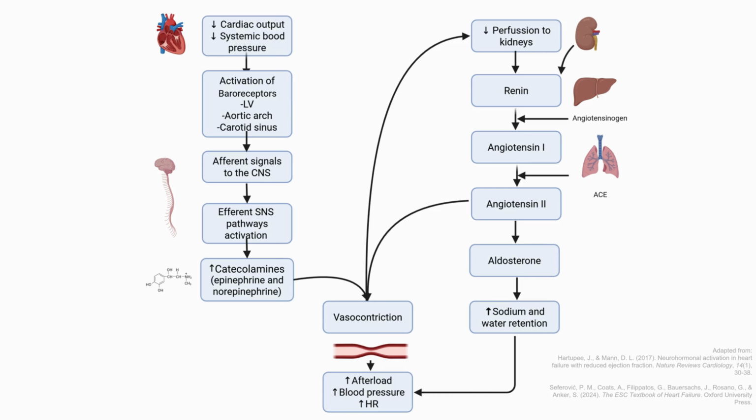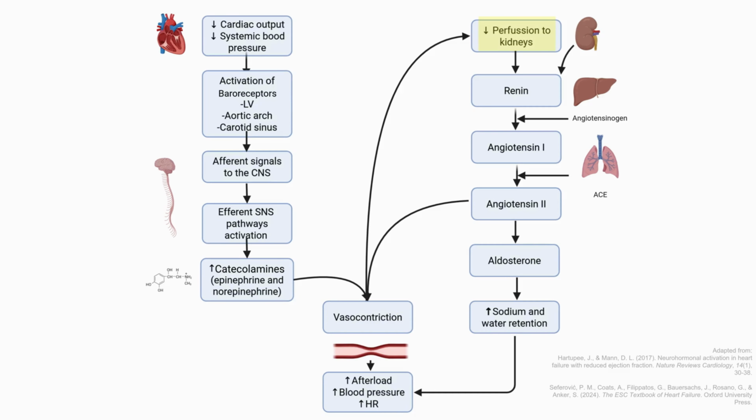So, if there's a decrease in cardiac output and blood pressure, then the baroreceptors activate, which cause the activation of afferent signals to the central nervous system, and therefore the activation of efferent pathways of the sympathetic nervous system. This causes an increase in catecholamines, which lead to vasoconstriction.